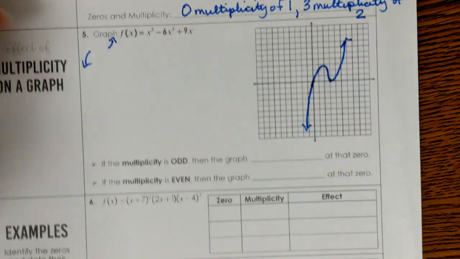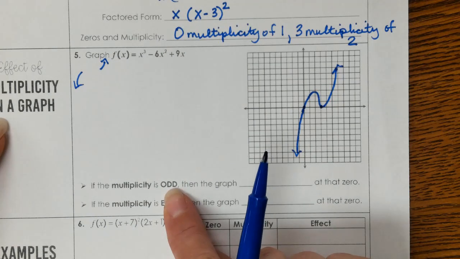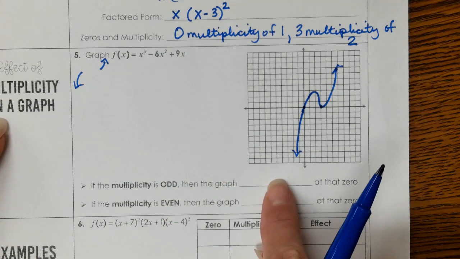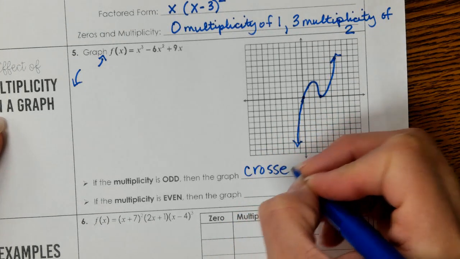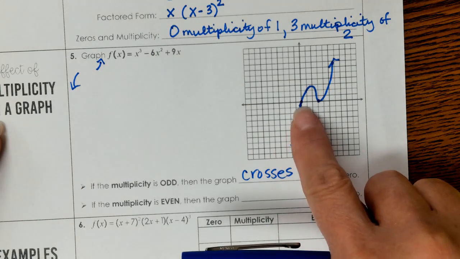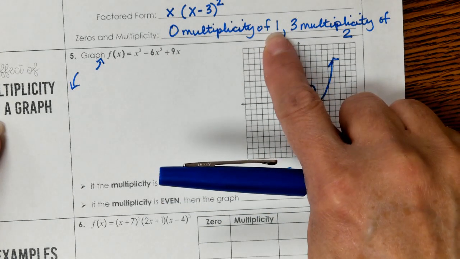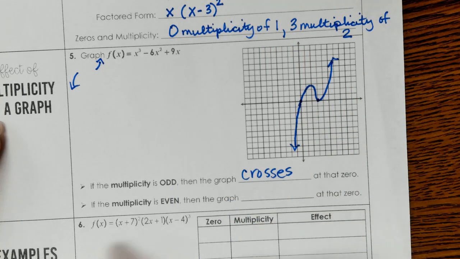So they conclude this with, if the multiplicity is odd, then the graph crosses at that 0. Our 0 had a multiplicity of 1, which is odd. So it crossed at the 0.